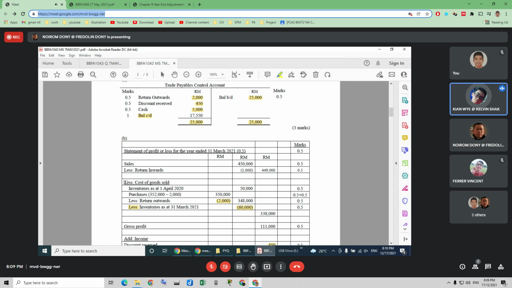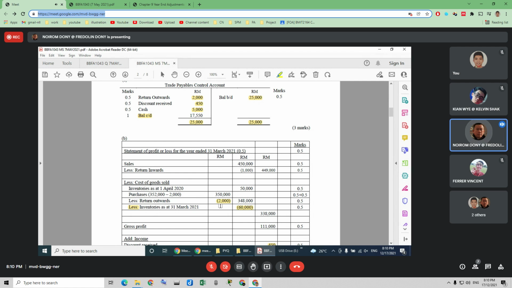Do we not call it opening and closing inventory instead of inventory? So this one is closing. Can we in the exam also just call it opening and closing? Yes, can. Okay. So this is actually credit.